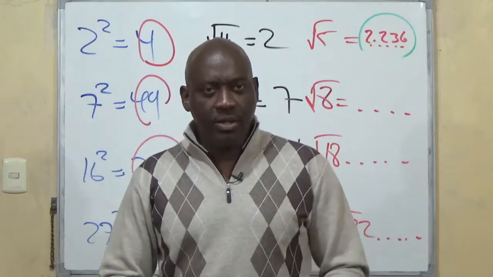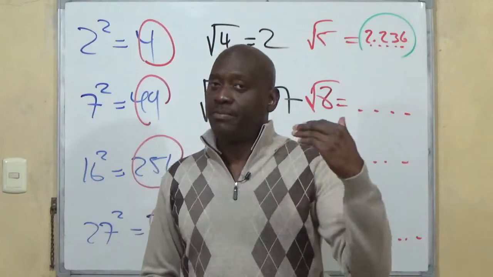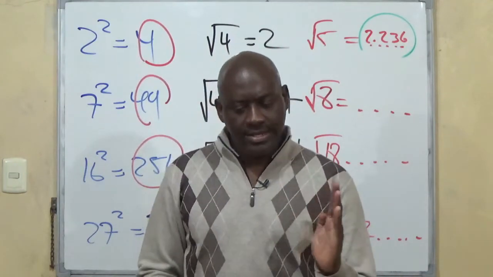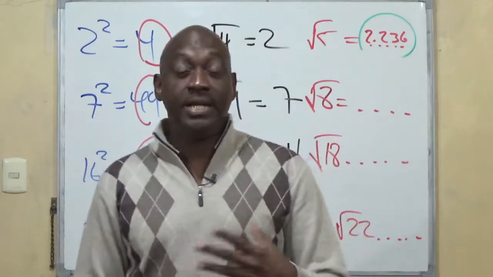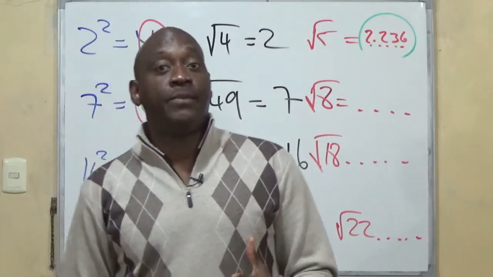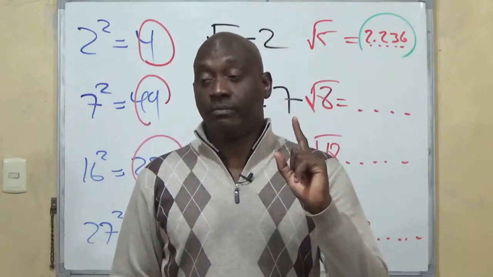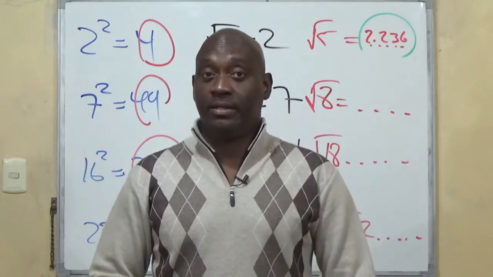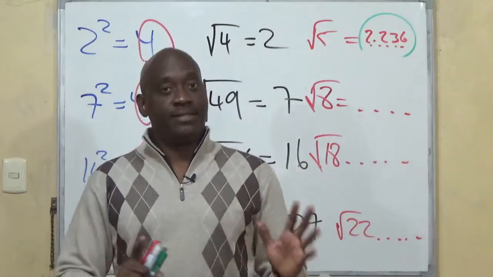Once you understand the concept of a perfect square, even without necessarily understanding the concept of a rational or an irrational number, you know immediately that if you have a number that is not a perfect square, then the square root of that number is a surd.